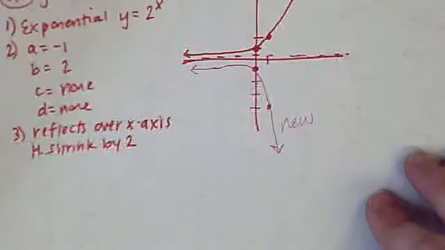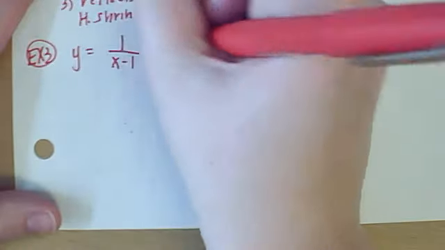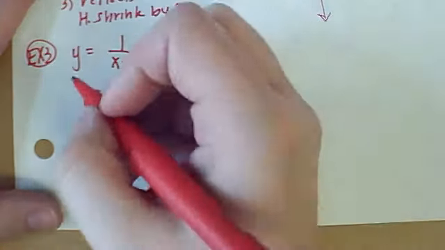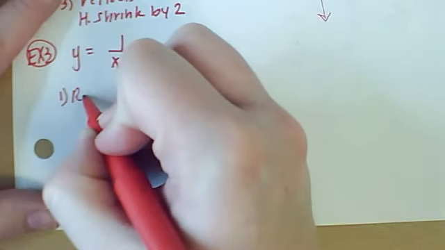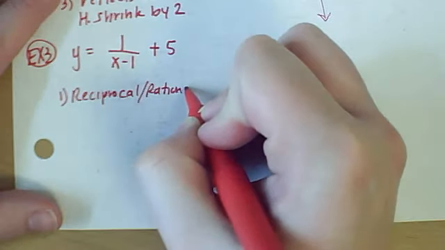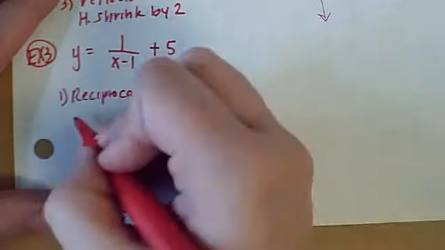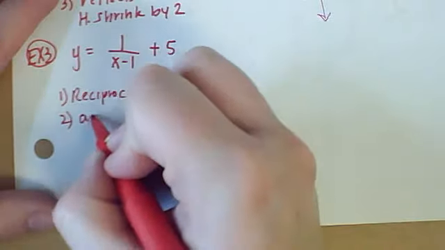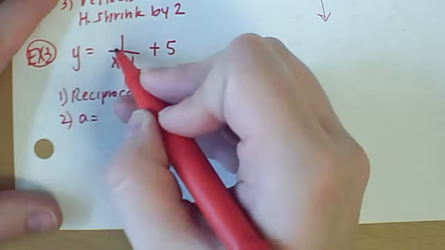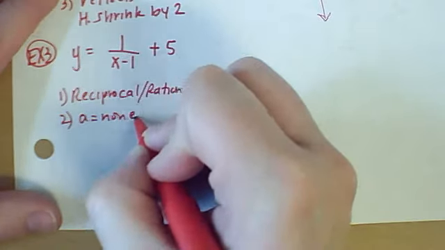Alright, so there's that. Let's look at one more graphing example. y equals 1 over x minus 1 plus 5. Okay, if I look, my parent function is reciprocal or rational. Both of those are the same thing. My parent function equation is y equals 1 over x. My a, there's nothing being multiplied out to the side, not a different number on top, so there's none.